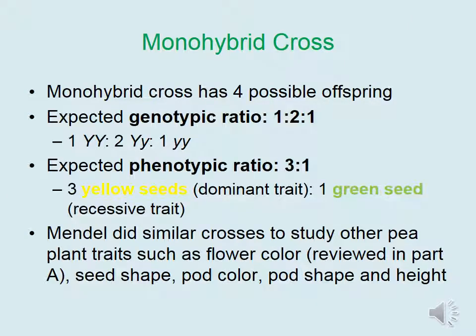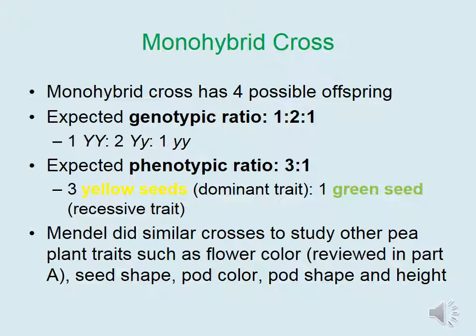So as we saw in the previous Punnett square, a monohybrid cross has 4 possible offspring. The expected genotypic ratio is 1 to 2 to 1, corresponding with 1 homozygous dominant to 2 heterozygous to 1 homozygous recessive individuals.